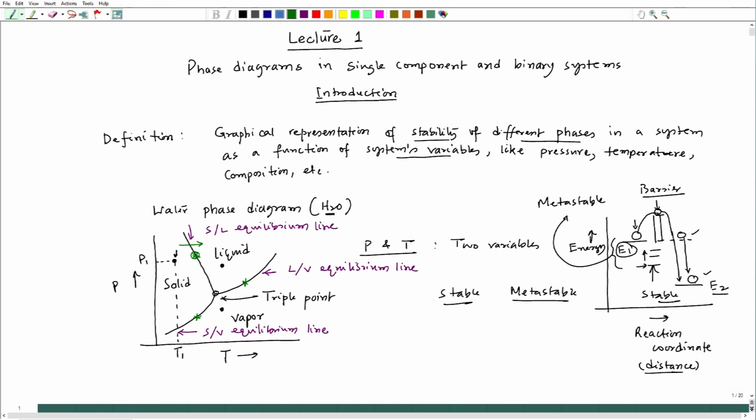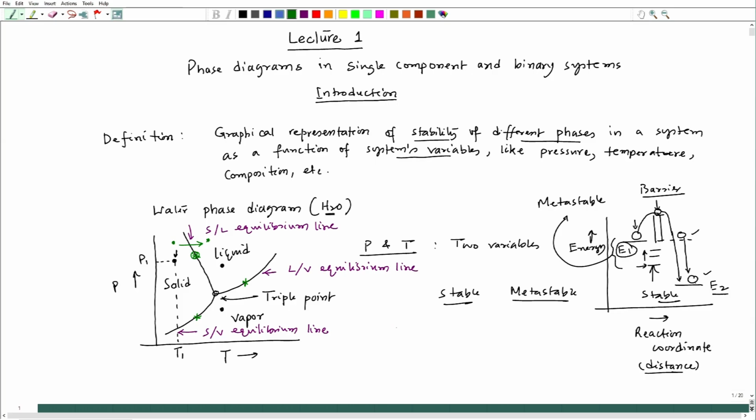If I look at this point as well as this point, we have an entirely solid region and then it goes to the liquid region, and during that process I am fixing the pressure but changing the temperature, that means I am increasing the temperature, and at that time I will get the melting operation. Okay. It is called melting.